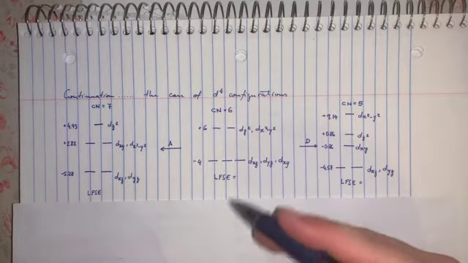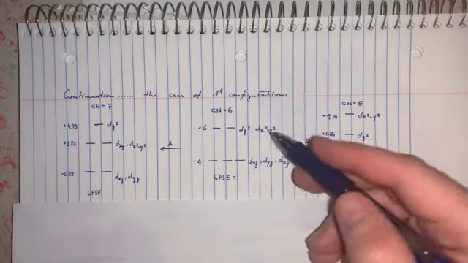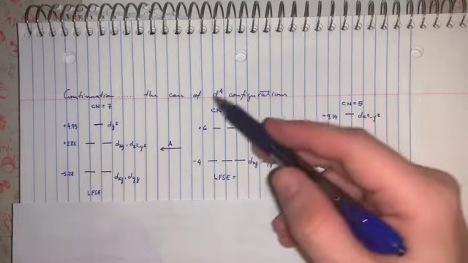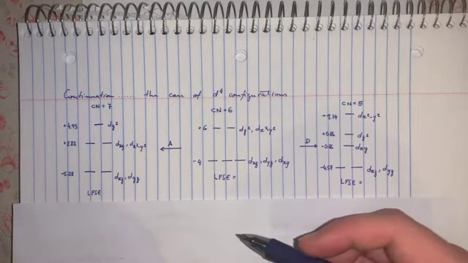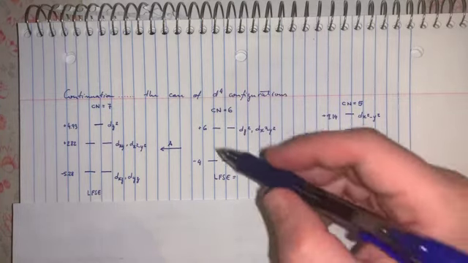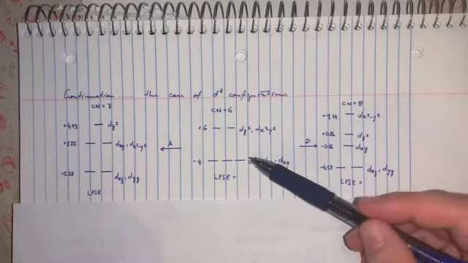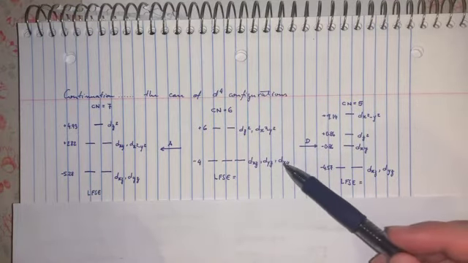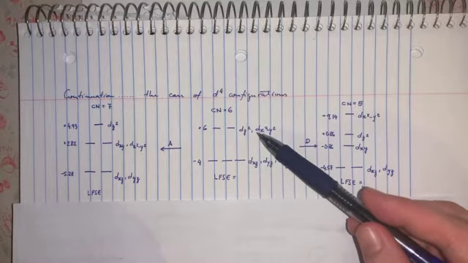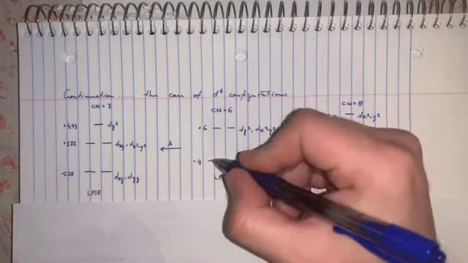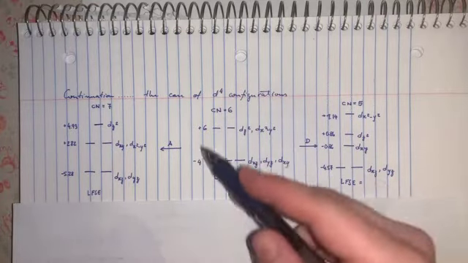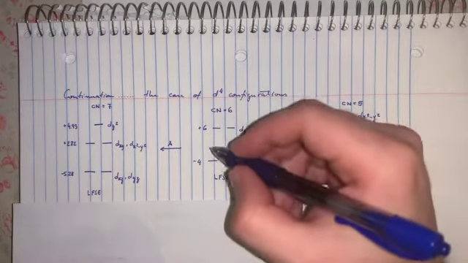So when we have 4 electrons in an octahedral ligand field or octahedral geometry, remember this is the T2G group and this is the EG group. So there are two different ways to fill the T2G and EG orbitals.